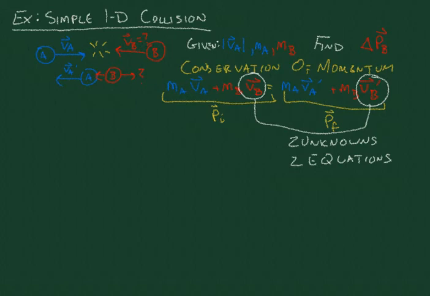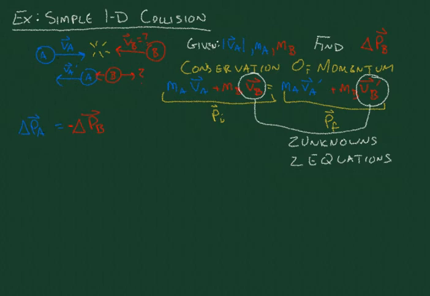Okay, so the easier way to look at this is we know the change in momentum of the first particle is equal to the change in momentum of the second particle, but in the opposite direction, right? It's the negative of that. You'll remember this from the video because we said that if A is traveling to the right with some momentum, and then it has a collision and it's traveling to the left, there's this impulse, right?